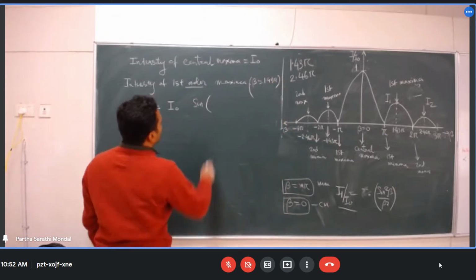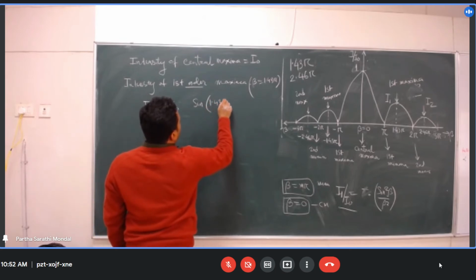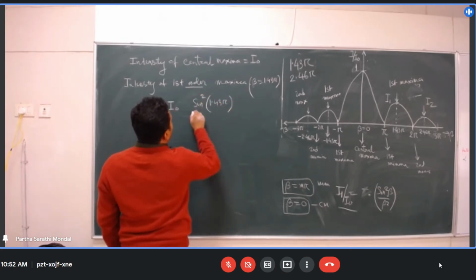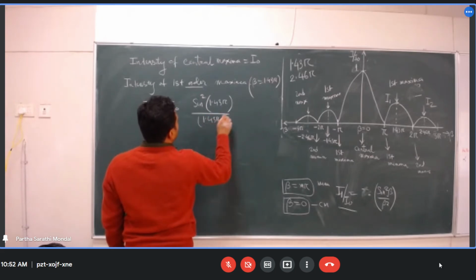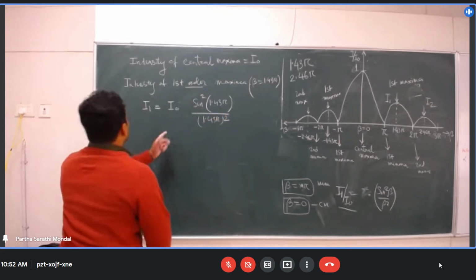So if I put 1.435 here, sin square of 1.435 divided by 1.435 whole square, if you have a calculator you can calculate it.